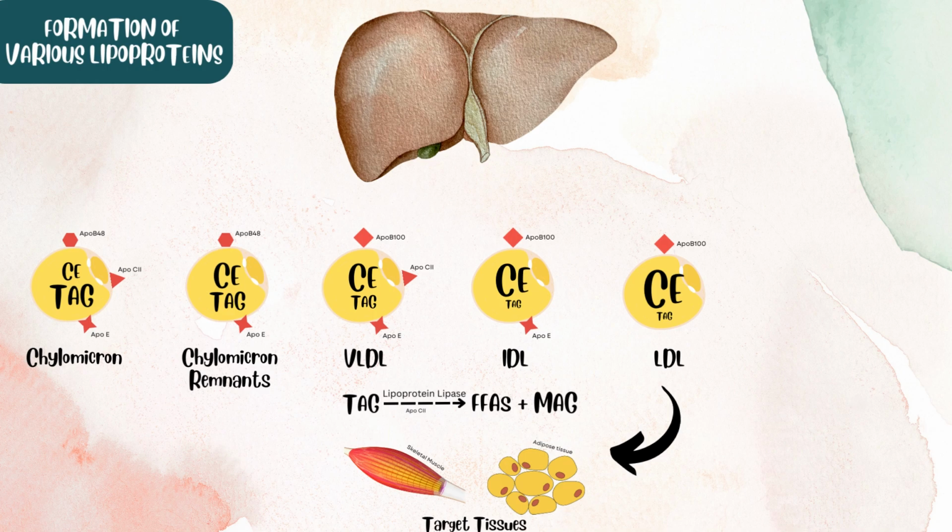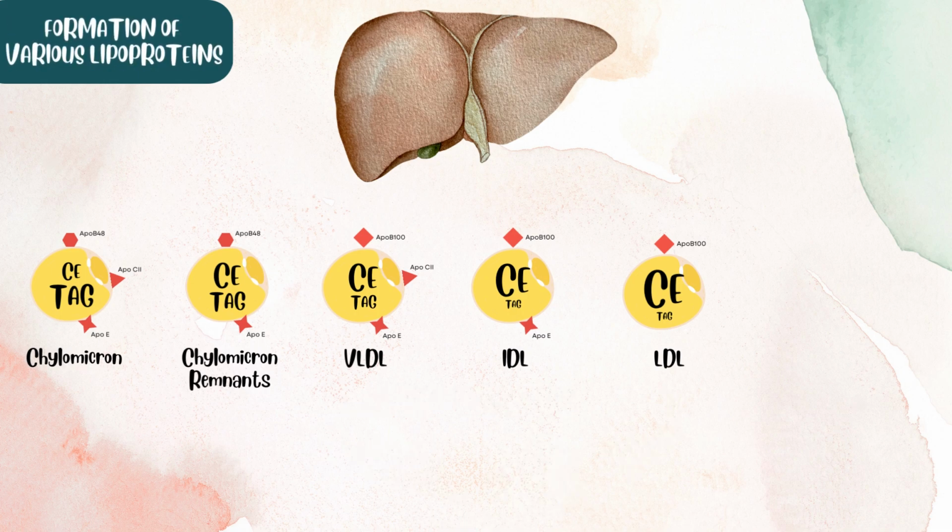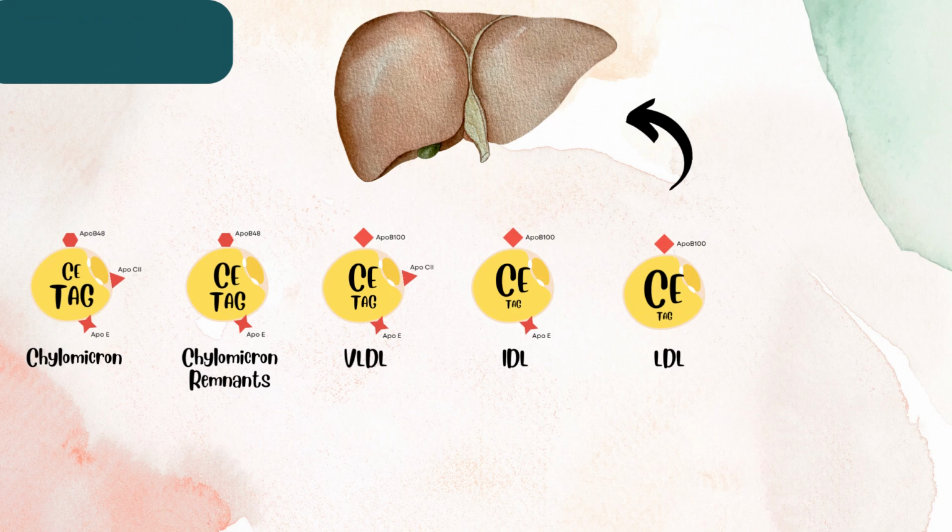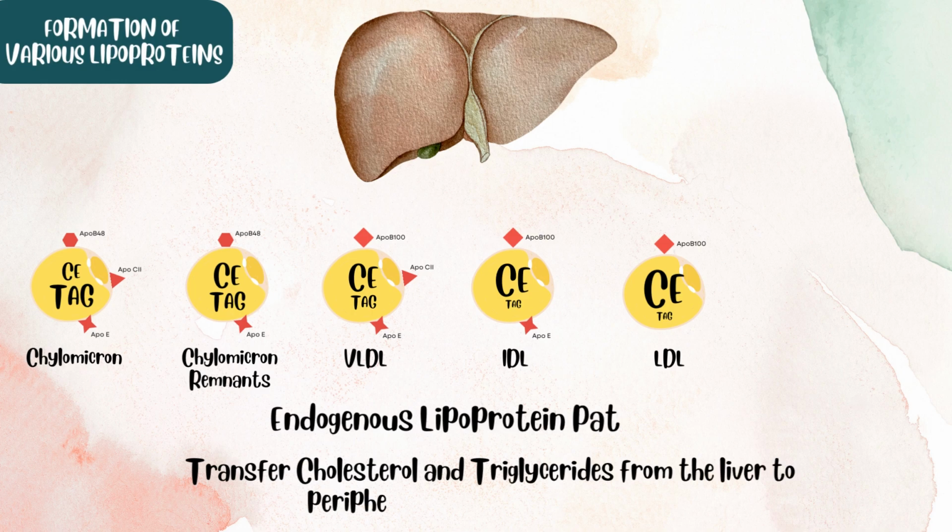The lack of ApoE on LDL allows it to have a longer circulating half-life. Ultimately, LDL tracks back to the liver to conclude the endogenous lipoprotein pathway. As you may recall, the primary purpose of the endogenous lipoprotein pathway is to transfer cholesterol and triglycerides from the liver to peripheral tissues for metabolism.